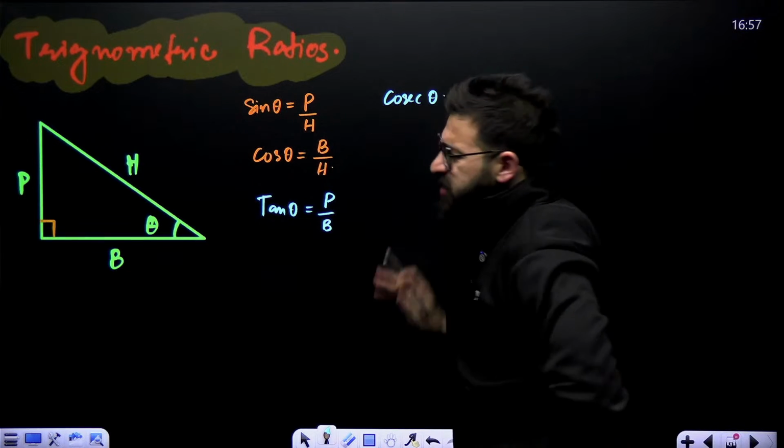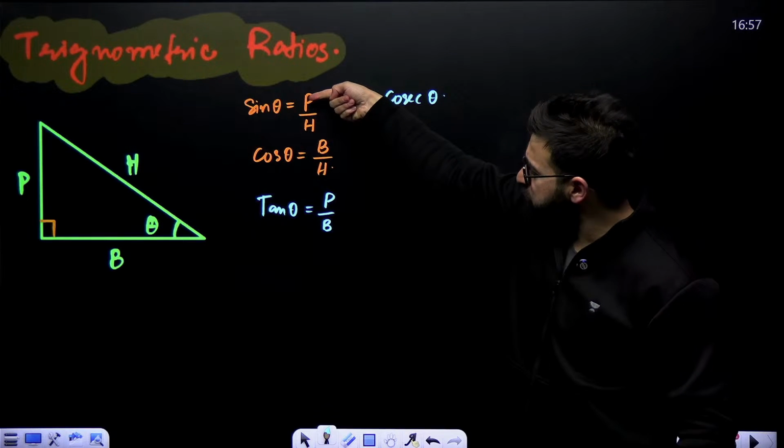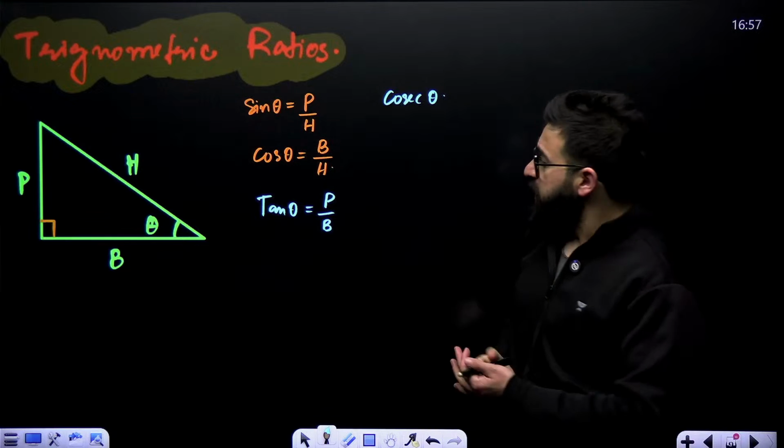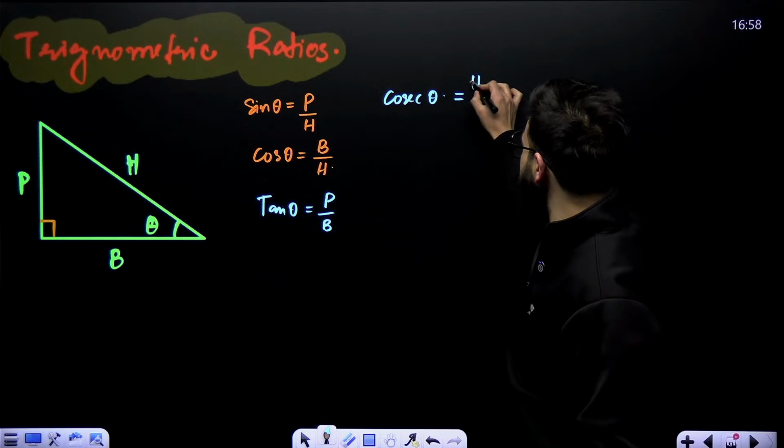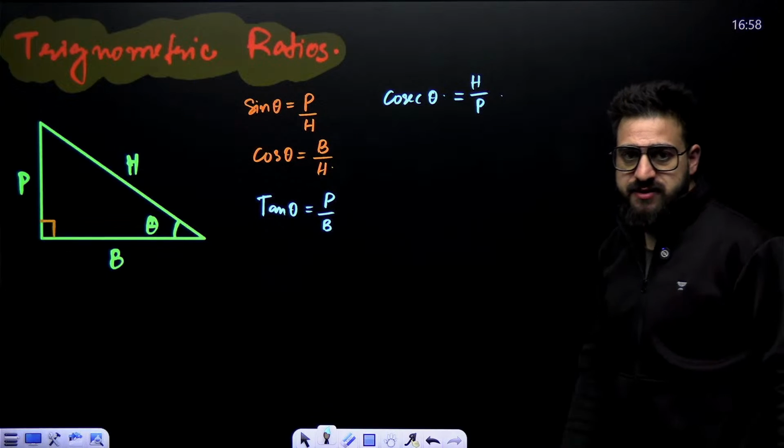Cosec theta is just the inverse of sine theta. So if sine theta is perpendicular upon hypotenuse, cosec theta will be hypotenuse upon perpendicular.